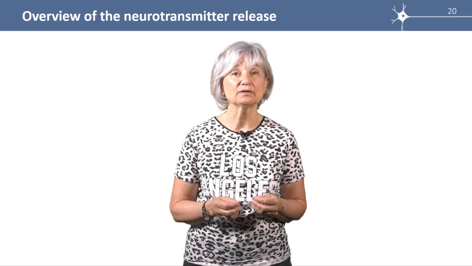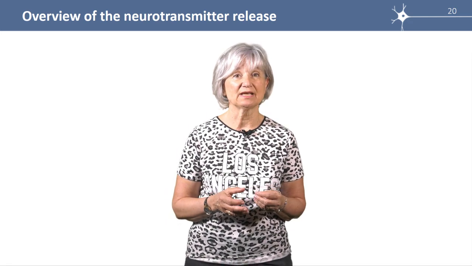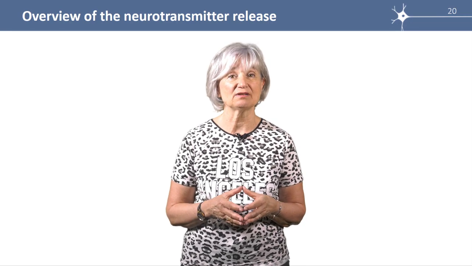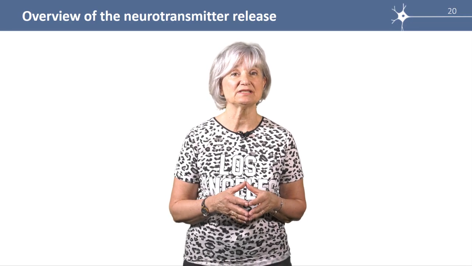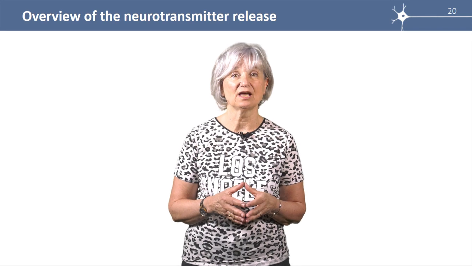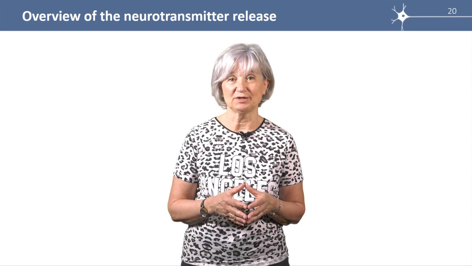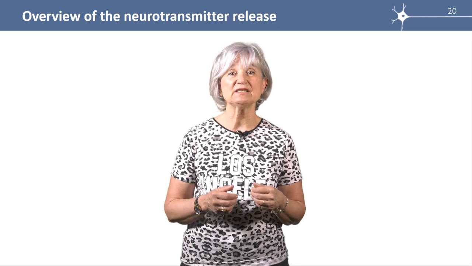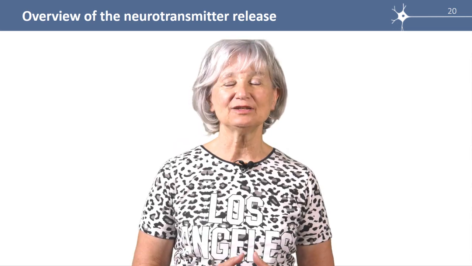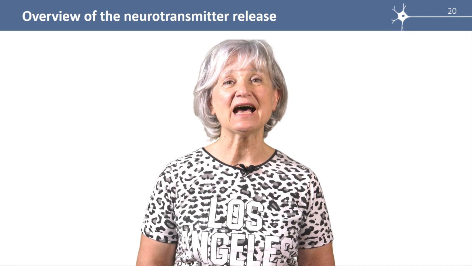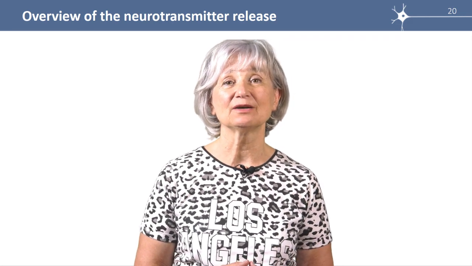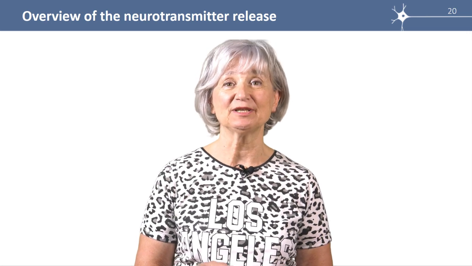This inward transport of calcium ions is detected by calcium sensor proteins and results in the exocytosis of synaptic vesicles containing a neurotransmitter. This way, the neurotransmitter is released into the synaptic cleft. In the following courses, we will see how the neurotransmitter recreates an electrical signal, which is called a postsynaptic potential.